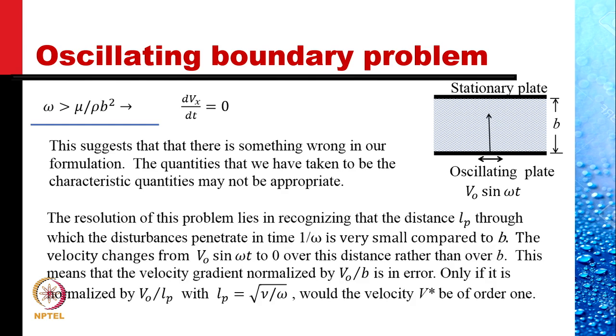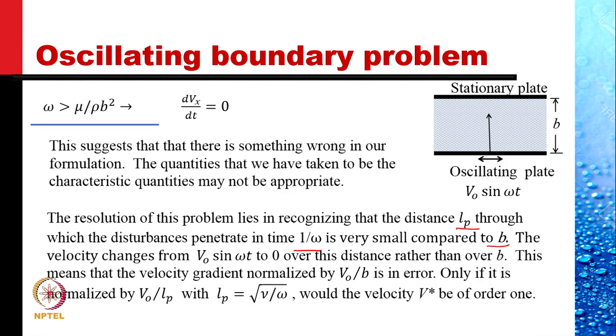The resolution of this problem lies in recognizing that the distance LP through which the disturbances penetrate in time 1 over omega is very small compared to B.